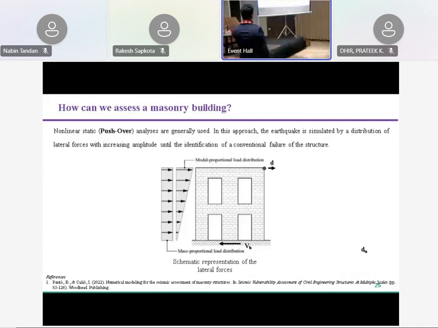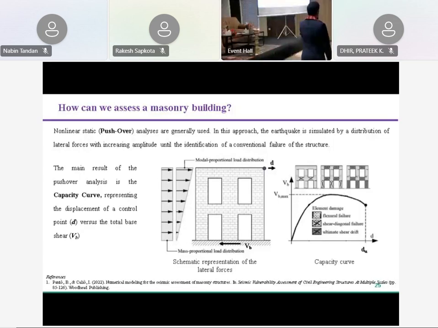Okay, we can go because we have 5 minutes. I can spend these 5 minutes trying to deliver the final message I want to transfer today. Which kind of analysis can we do when we have this kind of model? A model able to follow the nonlinear behavior and the damage through the analysis. Several analyses can be performed, even dynamic, which are the most accurate, since the earthquake is a dynamic phenomenon.